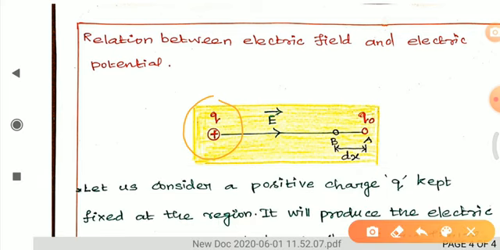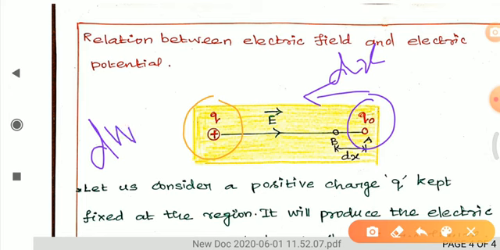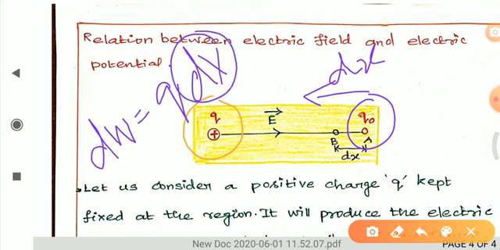Now another point charge Q naught is taken at the point A. It is moved towards the point B with a distance of dx. Now what is the amount of work done? Just before, we discussed dW is equal to Q into dV. What is dV? Difference of potential between the points A and B.